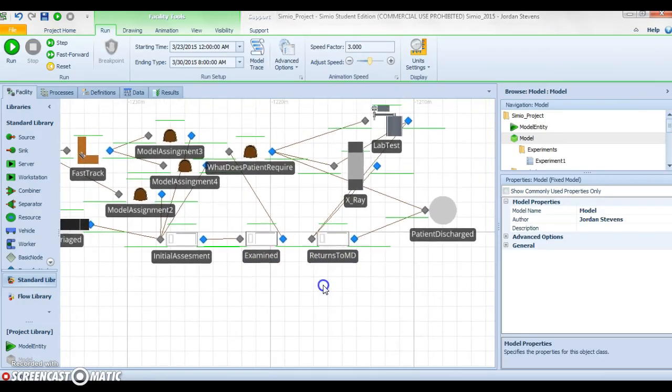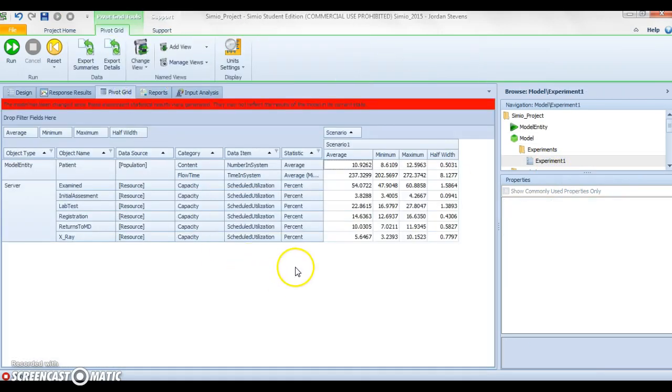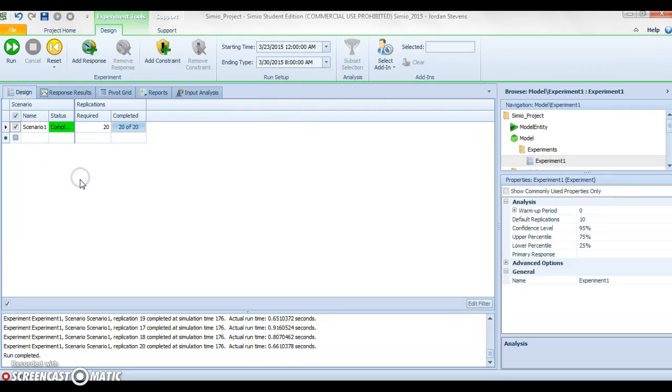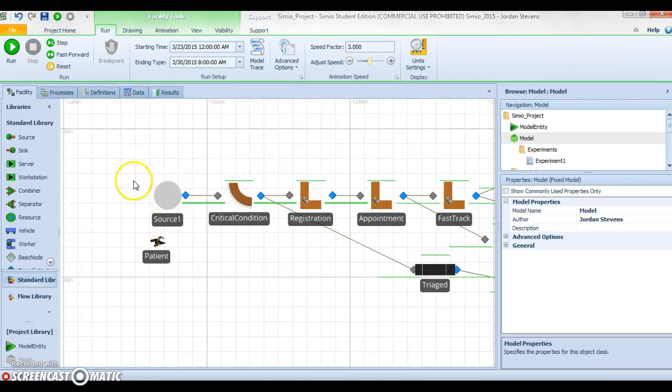Once I did that, I went to experiment, and I actually had to guess the initial value, the arrival rate. In the model, they don't give me an actual arrival rate. I had to guess that myself.